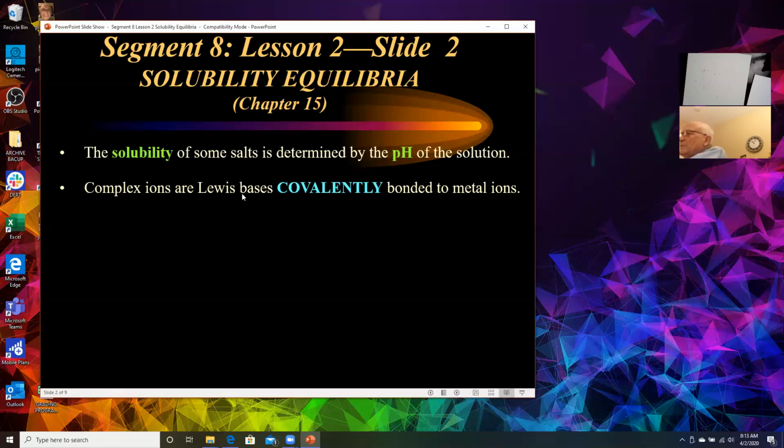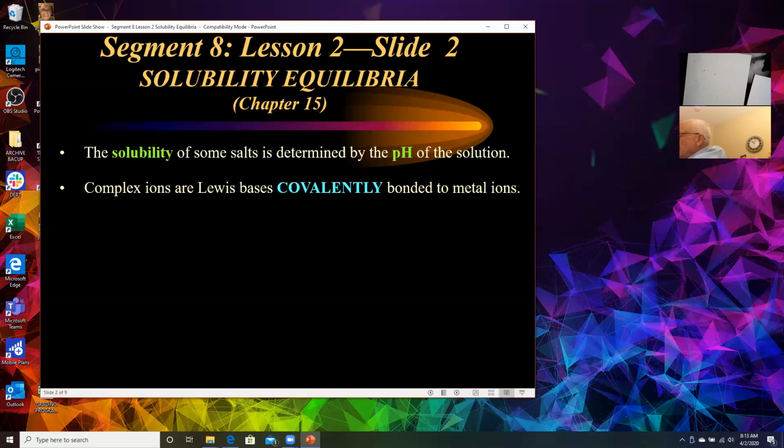Now, the discussion here has complex ions and things like that in it. I'm going to go through that very rapidly, but we're not going to have anything deeper than what I'm going to show you here, and I'll point out the things that you might need to know.